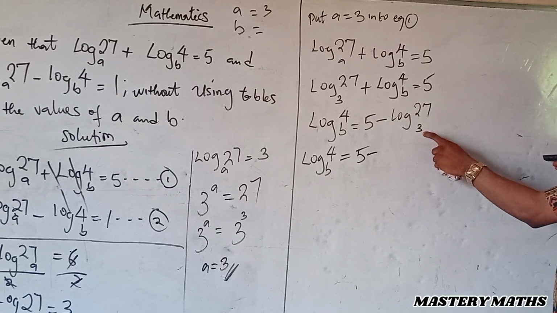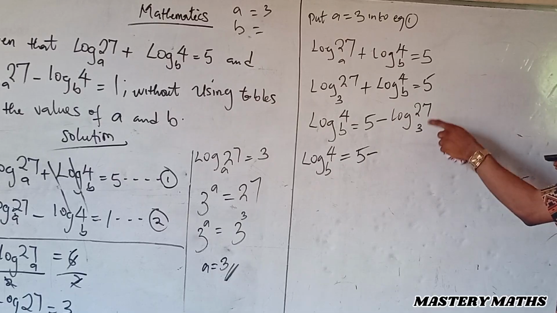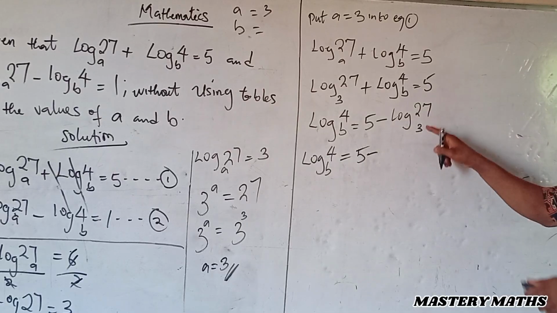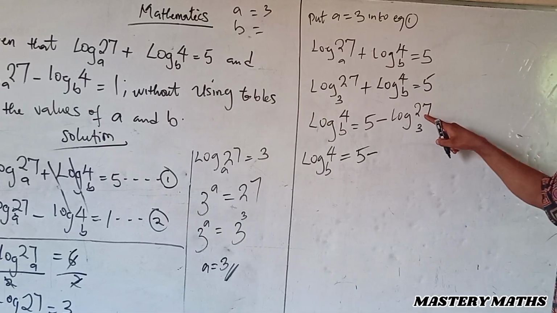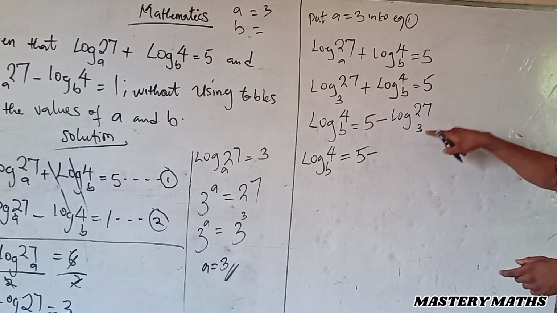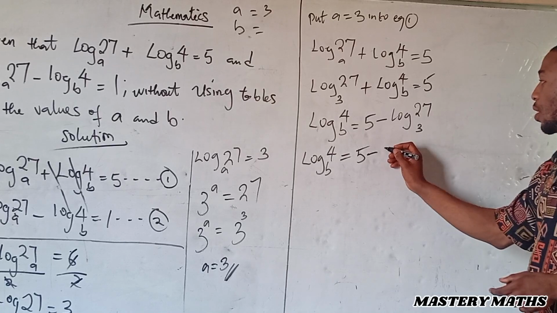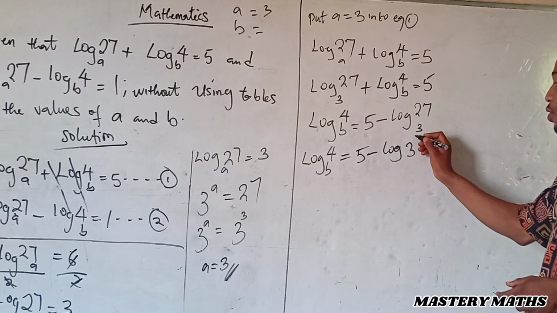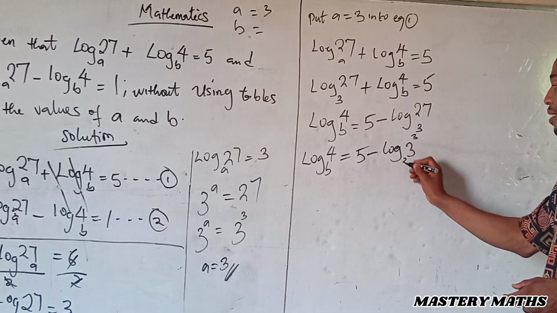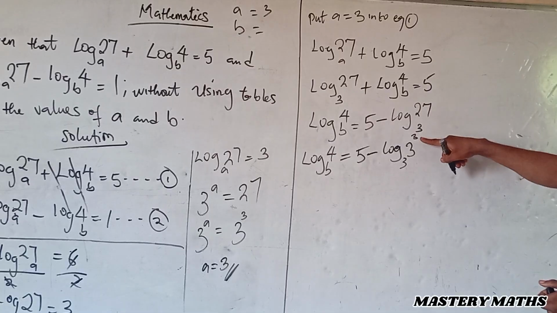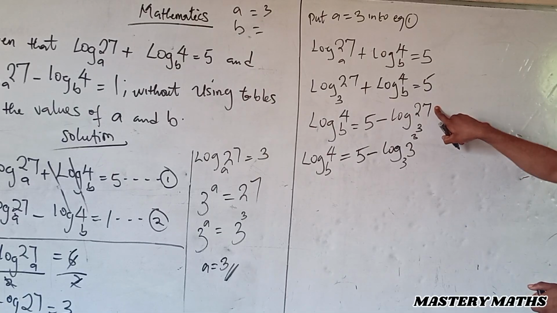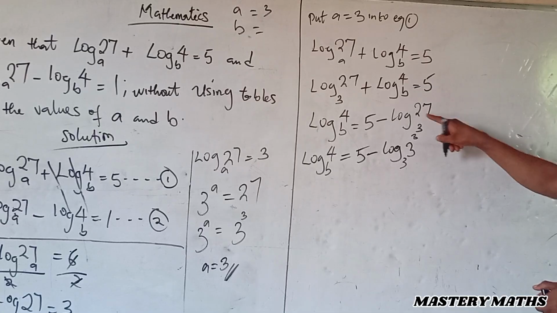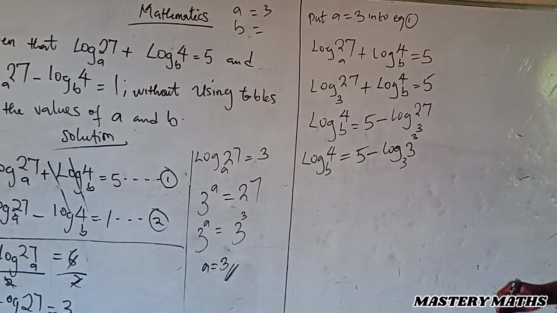There must be a log to its base. To make this the same as the base, it will be log 3 raised to the power of 3 to base 3, because 3 raised to the power of 3 gives us 27. Have you seen it? Which is this, and this is the base.